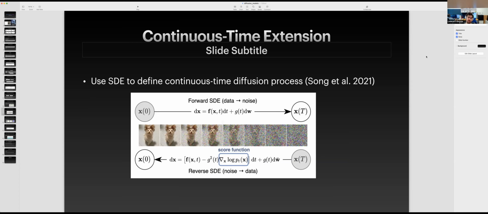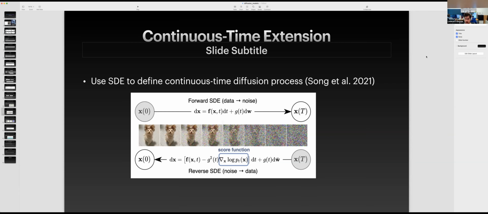I'd also like to mention that there's a continuous time extension of diffusion models where you use a stochastic differential equation to define a continuous time diffusion process. Use this SDE to corrupt your image into noise, and then learn to solve the reverse SDE to generate the image.